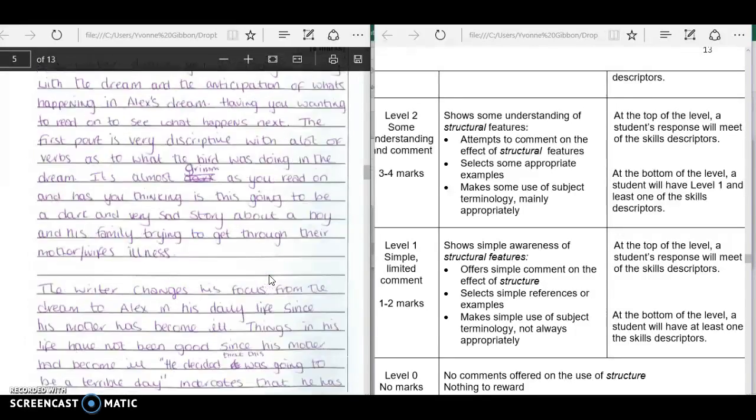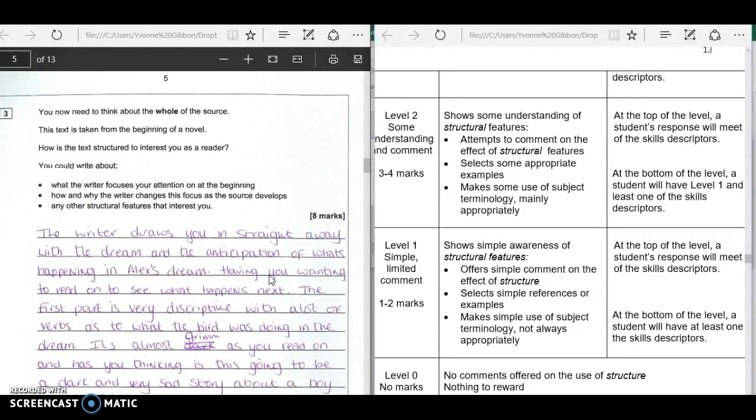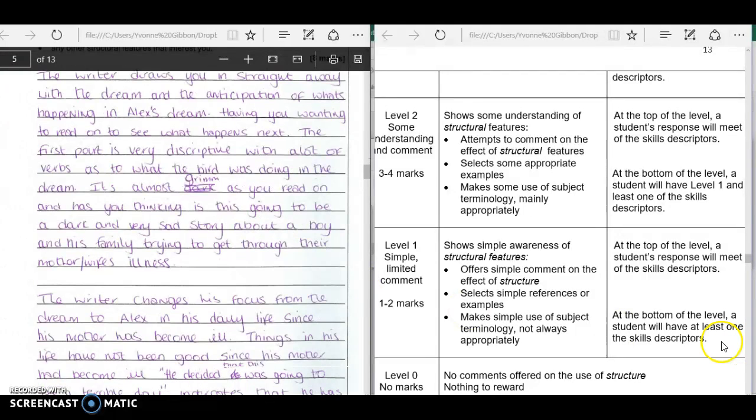So for the structure question, the subject terminology would be the beginning, the middle, the end, focus, source, next, paragraphs, and so on. So again, you've used simple terminology. So it's going to have to be 2 out of the possible 8 marks for this question.